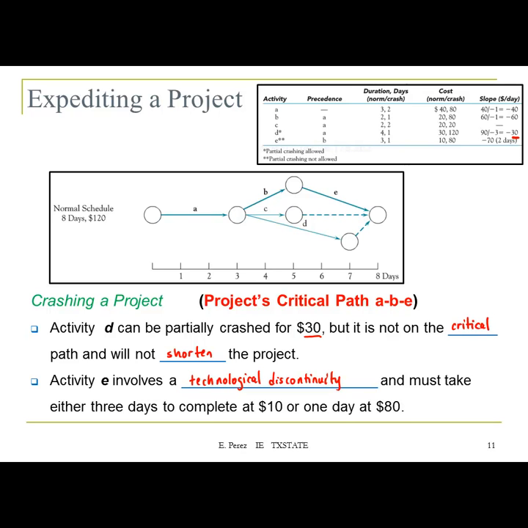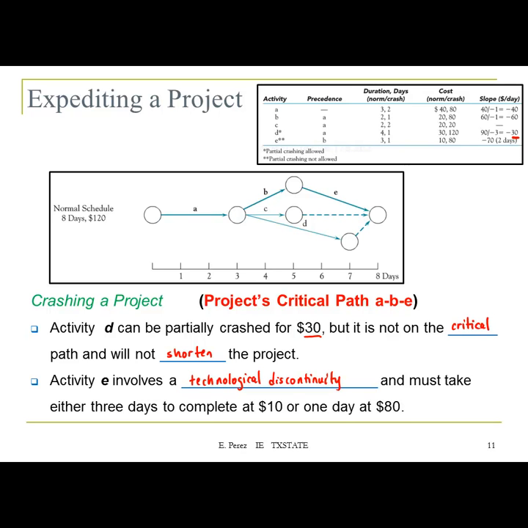It will be one or the other. It must take either 3 days to complete at $10 or 1 day at $80. That's what we call a technological discontinuity. So that's the information we have for activities D and E.